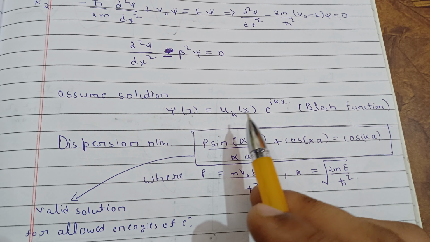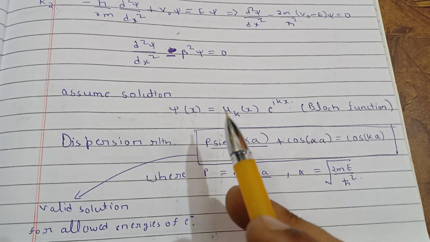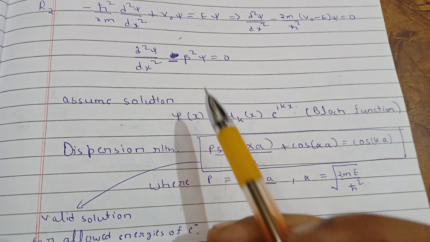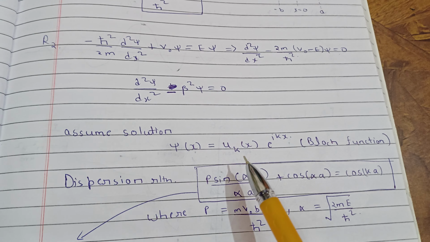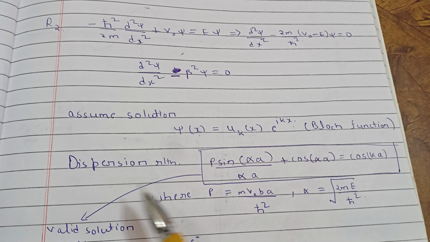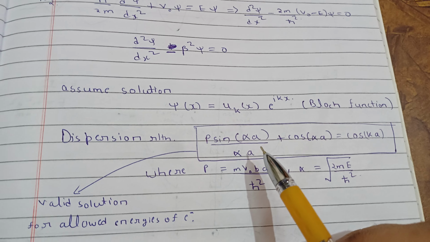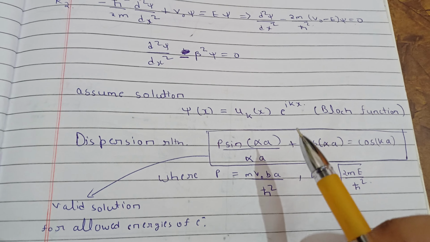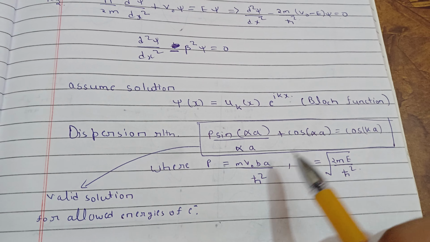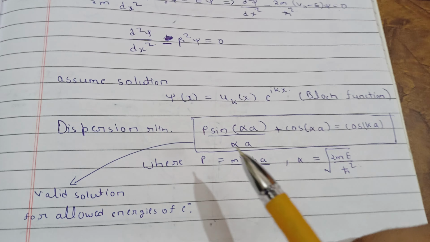That's why we use these trial wave functions when we have a multiple electron system. After solving these two equations and using this wave function, we get this dispersion relation. We don't need the proof of this here. This is the work of quantum mechanics. Here we just need this relation only.